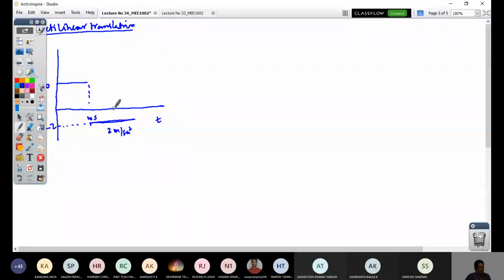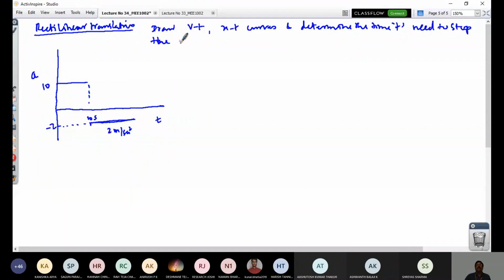But now the question is, draw the Vt and Xt curves and determine the time t needed to stop the test car.